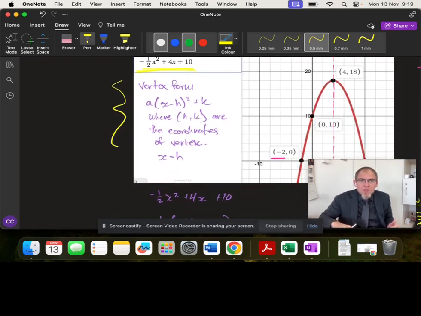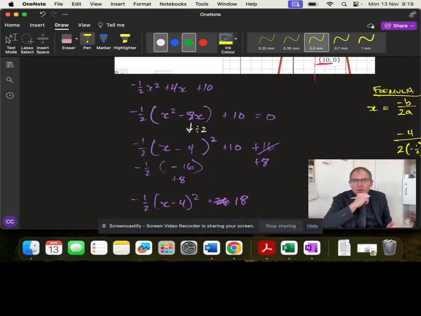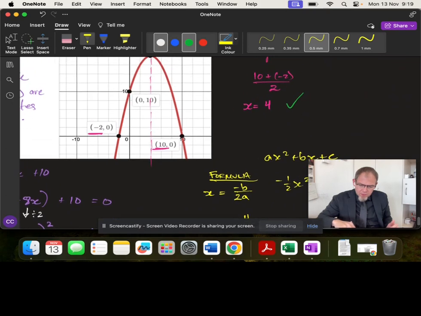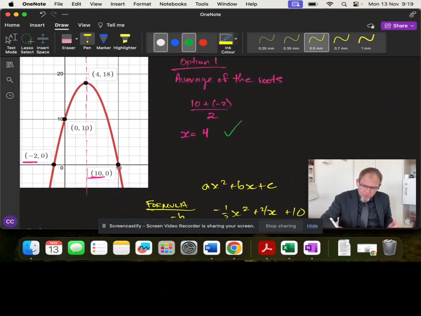We can find the vertex just by completing the square, and it'll give us our vertex. Super easy. We can also find the vertex by taking the average of the roots, and then after that, evaluating the function at the axis of symmetry.